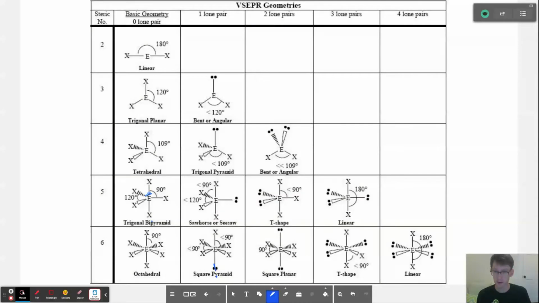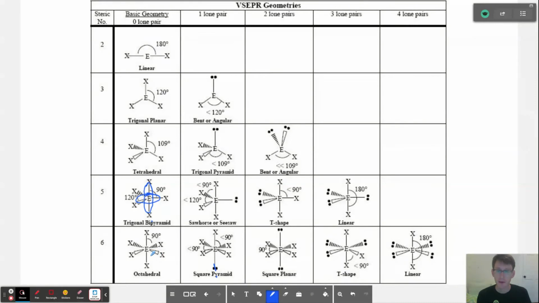So it's kind of a combination of the trigonal planar if you're looking around here, and then linear with respect to here. So you'll actually get two different bond angles, and that's why you see the 120 and the 90. And of course, lone pairs will affect the angles.